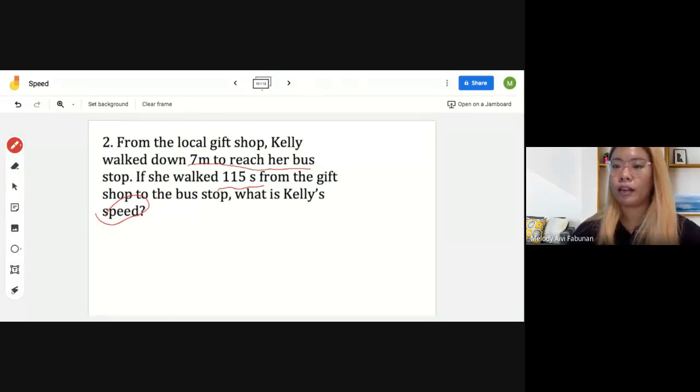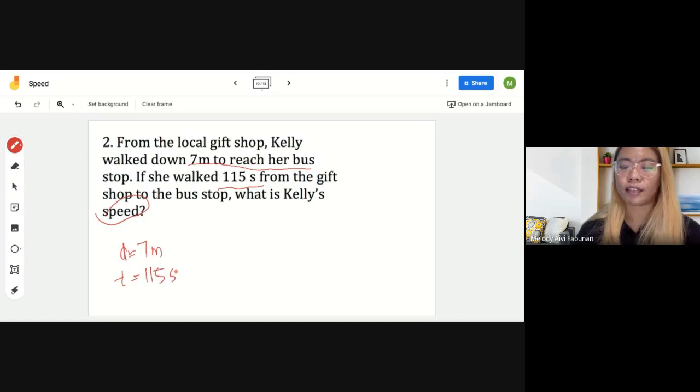Let's compute. Our given is the distance, which is 7 meters. We are also given the time, which is 115 seconds. This time, you no longer need to convert from minutes to seconds because the time is already in seconds.